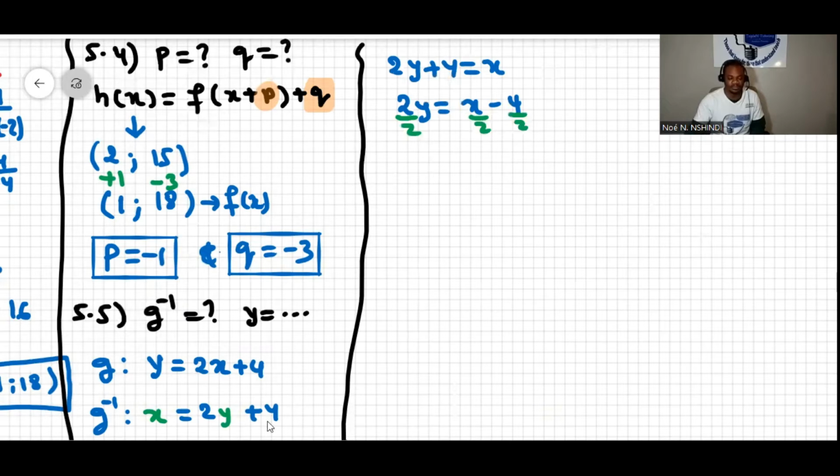That makes y equal to a half x minus 2. So therefore, that's g minus 1. So g minus 1 is a half x minus 2.